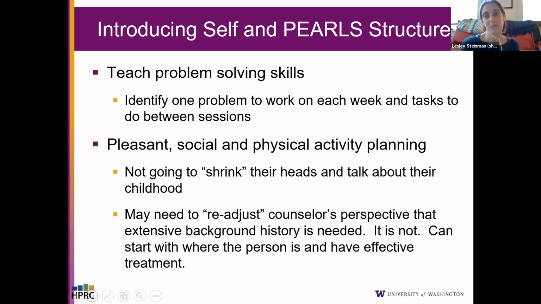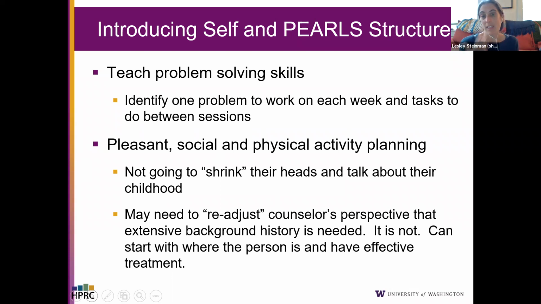This is where you really get to highlight that this is a here and now program. We're not going to shrink their heads and talk about their childhood. But this is where you may need to do some work with the people you're training. If you are working in an organization or with people who are used to doing a long psychosocial history of somebody, like for 2 hours, this is not what PEARLS is.